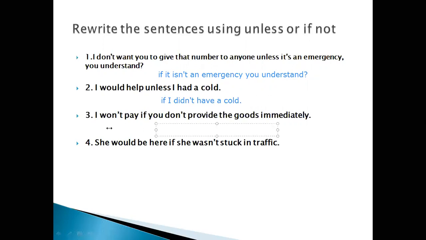Now let's do number 3. I won't pay if you don't provide the goods immediately. So I'm going to change the part of if you don't.